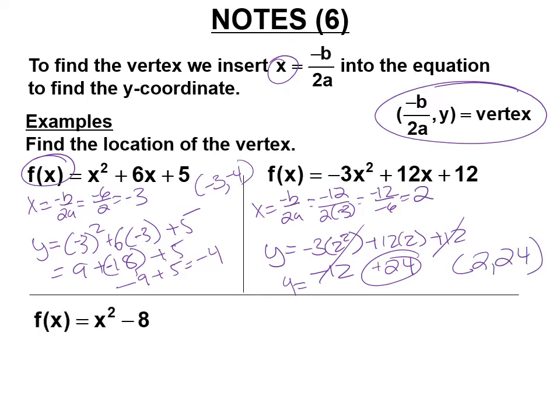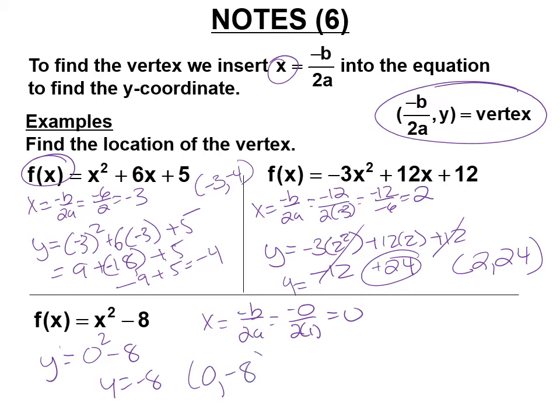For this one, these are the same ones we did last time, right? X is negative b over 2a, or -0 over 2, or 0. So y, we're changing f of x to y because we're trying to find the y coordinate. 0 squared minus 8. Y equals -8, so the vertex is at 0, -8.